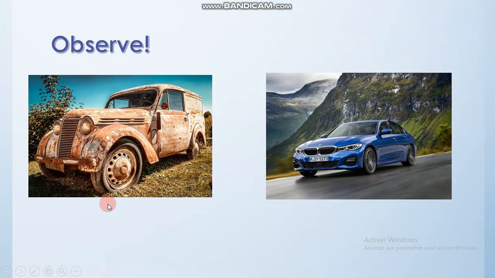So take a look at these two cars, this car and this one over here. Are they the same or different? Okay, they are different, but which one is old and which one is new? This one, is it old or new?